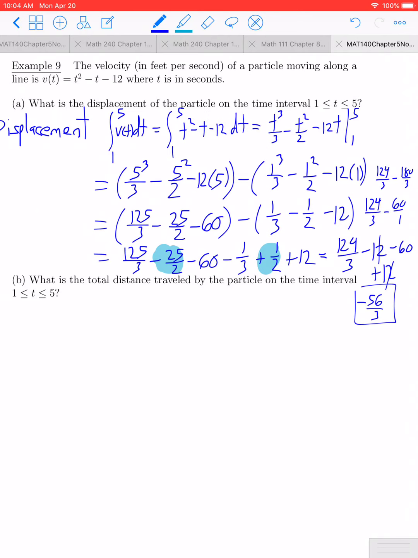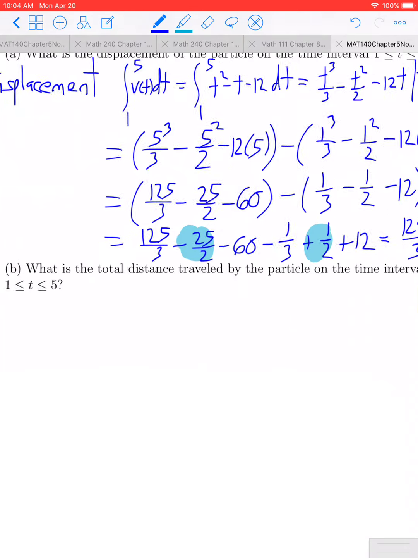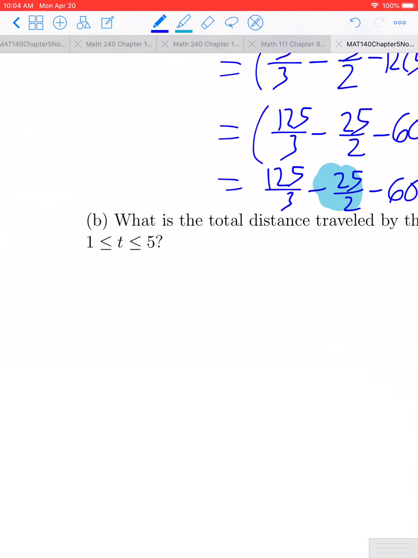Let's now go ahead and find the total distance traveled by the particle on the time interval. For the total distance, one of the things that we need to consider is that even if a particle starts at one place and ends at another, the way in which it can do so might not be straightforward.